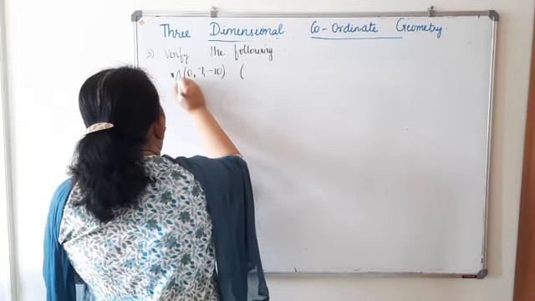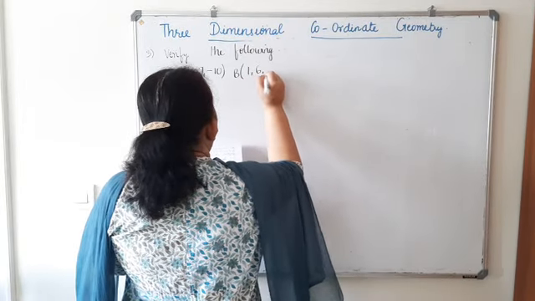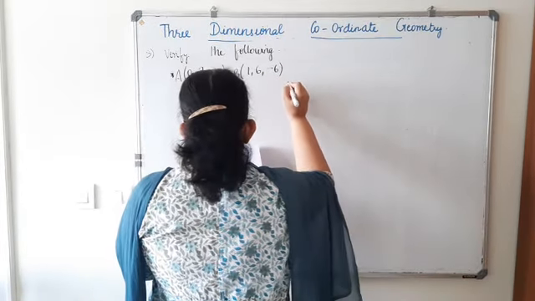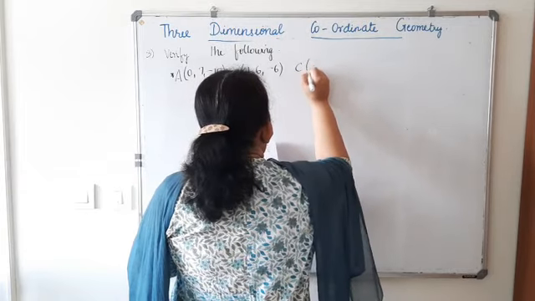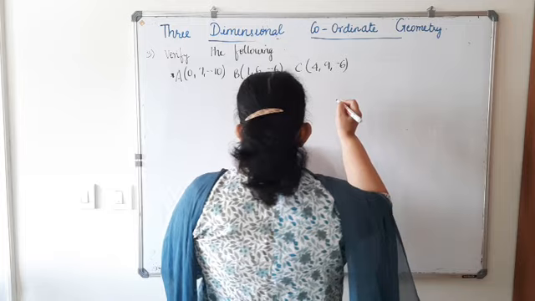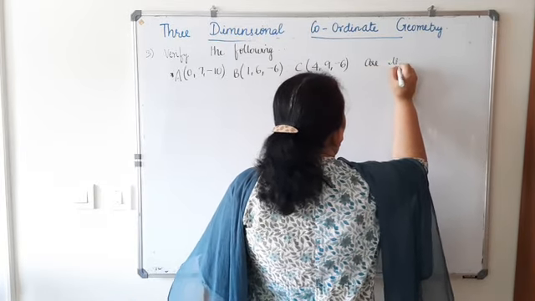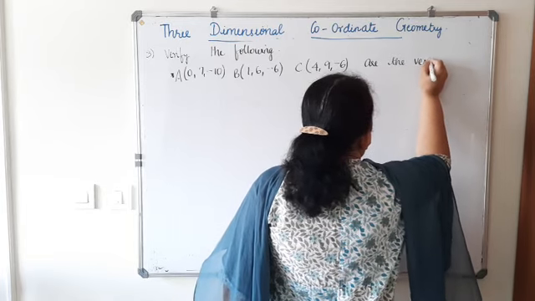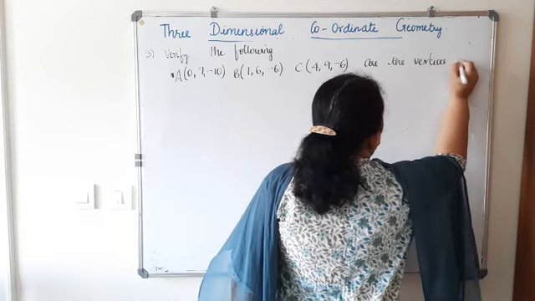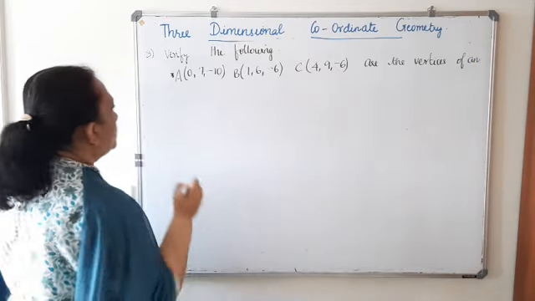Let us take this as A, B. 1, 6, minus 6, C. 4, 9, minus 6 are the vertices of an isosceles triangle.